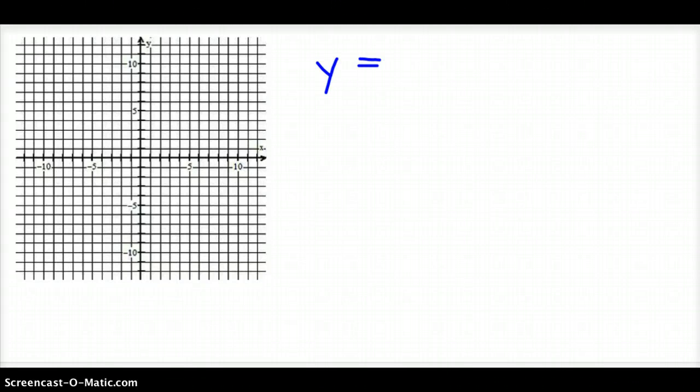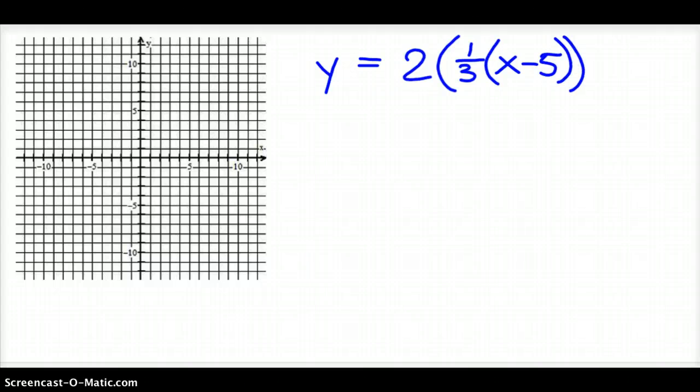So y equals, I'll say 2, and in parentheses I'll have 1/3 times x minus 5, and then squared, I'll say minus 8. So my vertex is going to be at the point 5 comma -8. Okay, the vertical is stretched by a factor of 2.